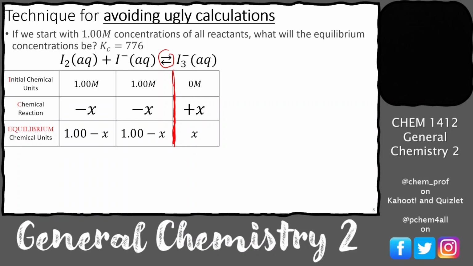You can't do that in this case because the equilibrium constant being 776 tells you this reaction is going to go in the forward direction a long way. So X is going to be actually very close to 1. It's going to be almost all products when we're done and very little reactants because that ratio of products over reactants is 776. Okay.